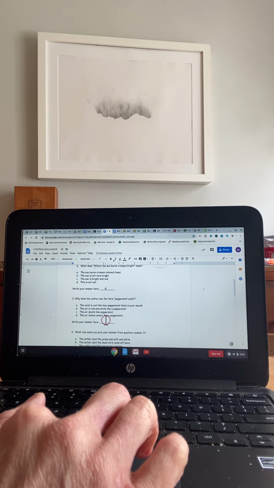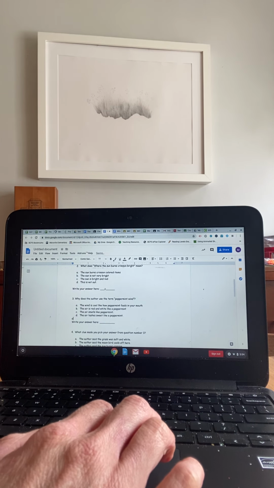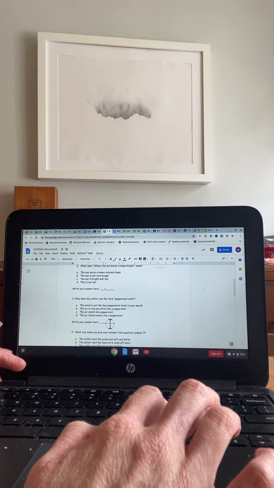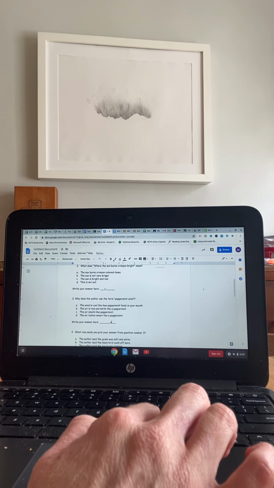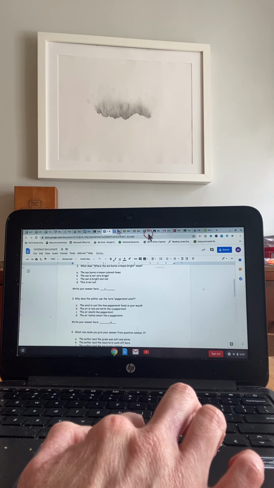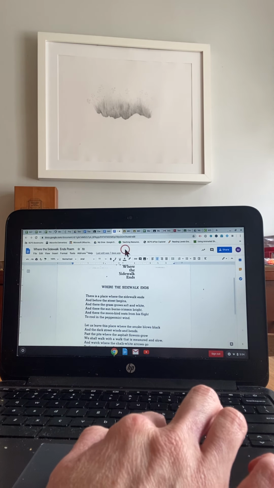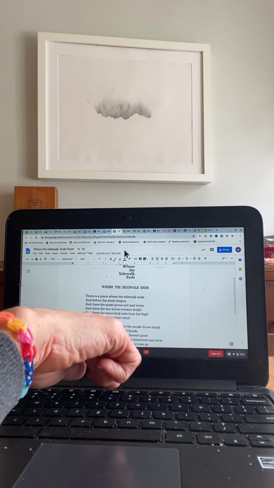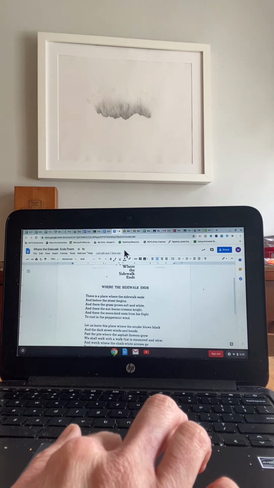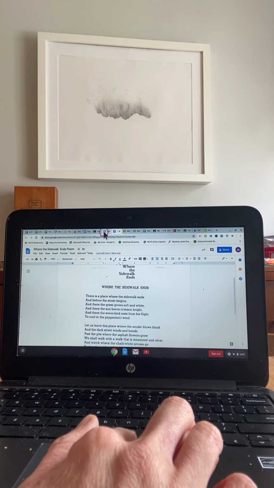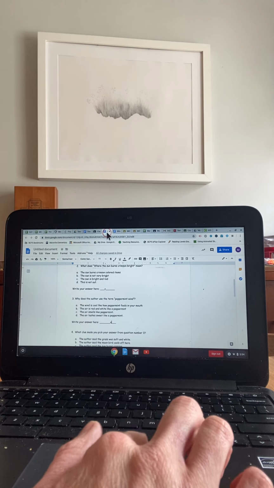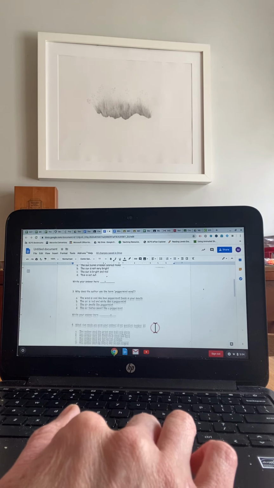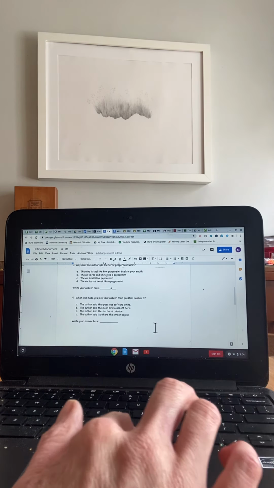So I'm going to say A, and the reason I feel like it's A is because if you go back and look at your poem, it says where the moonbird rests from its flight to cool in the peppermint wind. So if the bird is resting there and trying to cool himself, then I think it's this first one. Now, number 4 asks, what clue gives you that?